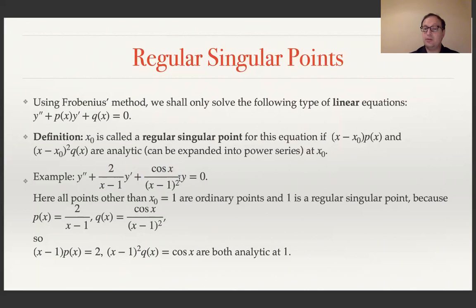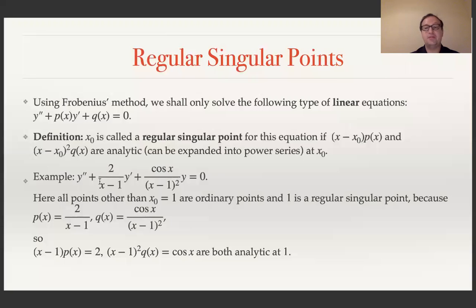We cannot do it at 1 because these functions are not continuous at 1, because we are dividing by x minus 1. So these functions are not even defined at x equal to 1. So this means that x equal to 1 is a singular point.